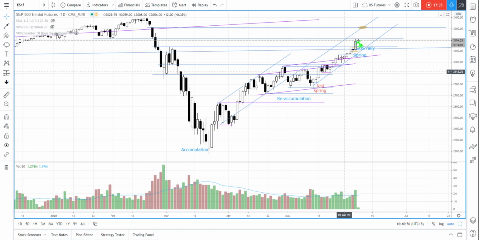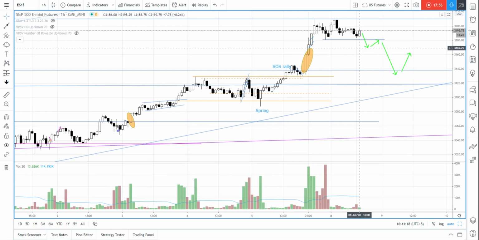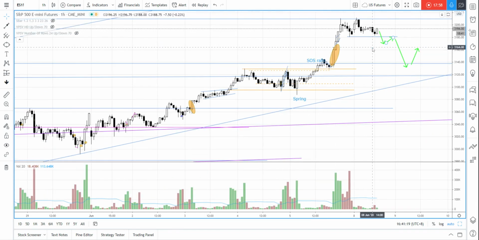If you zoom out and have a daily view, I think this is quite a nice channel up. And for the potential trade scenario, I talk about a potential long entry around 3135 or a potential short entry if it breaks down the localized support area. So I think that's pretty much it.